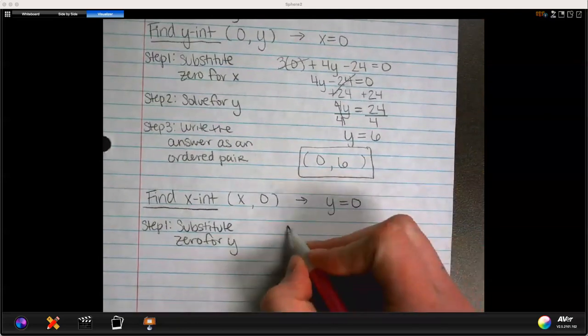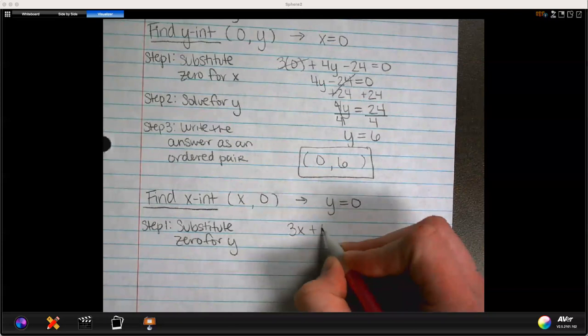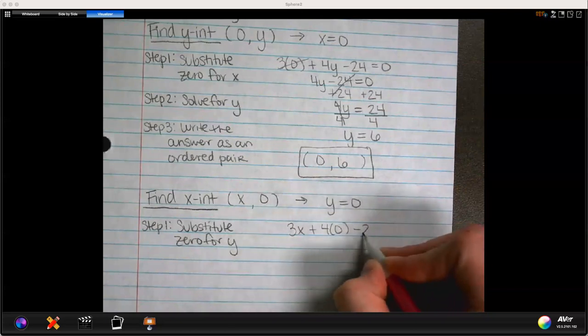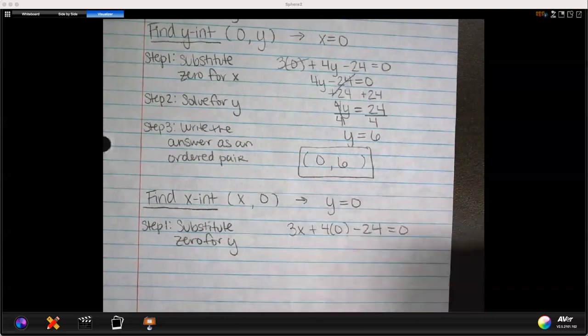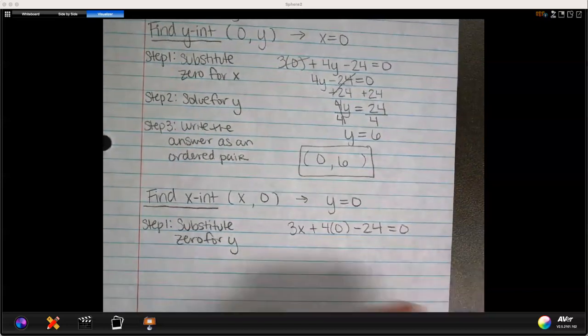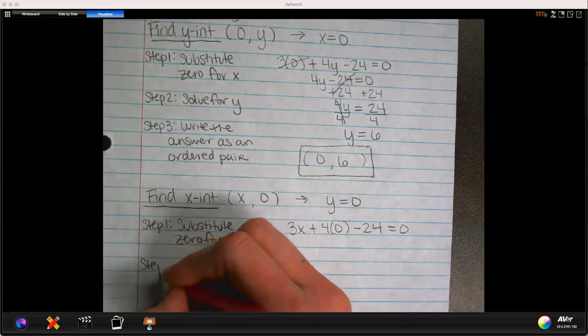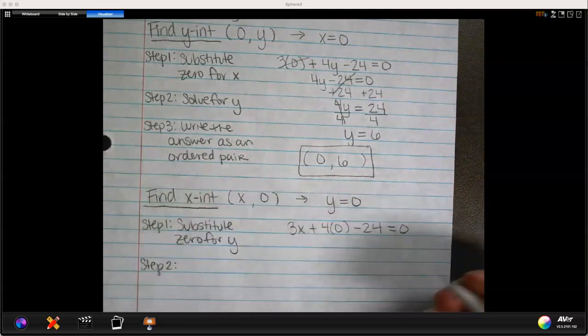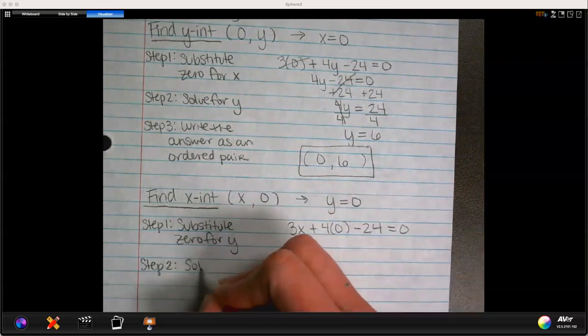So that gives me 3x plus 4 times 0 minus 24, which equals 0. And based on what we did above, that means step 2, we're going to solve for x.